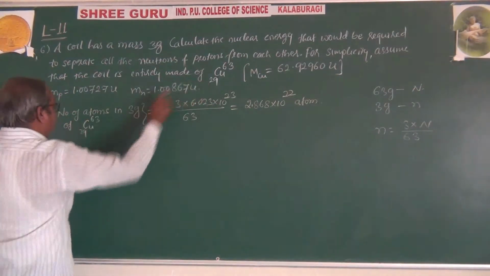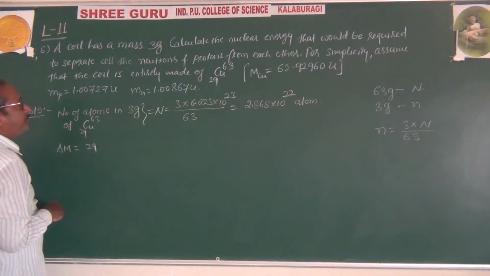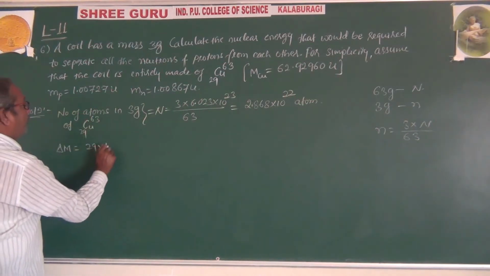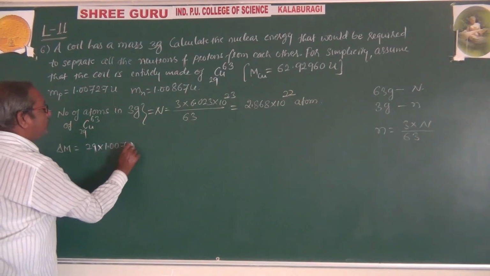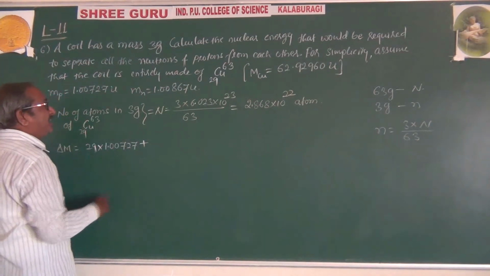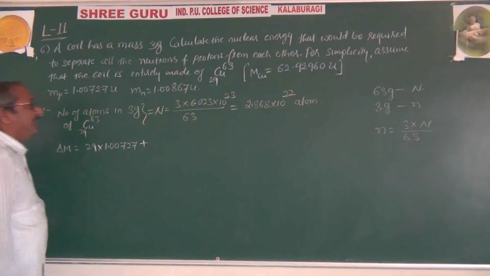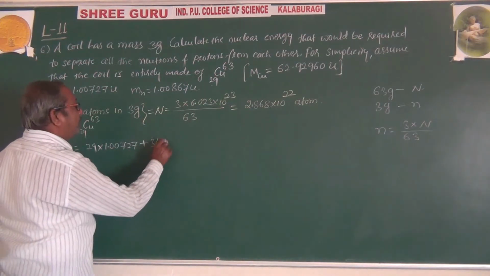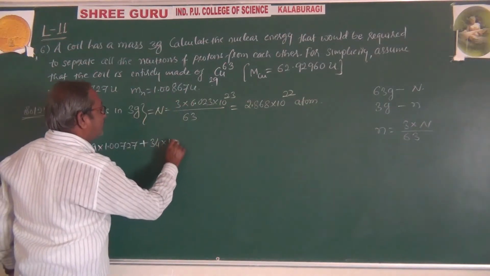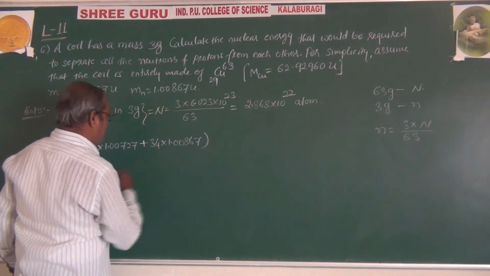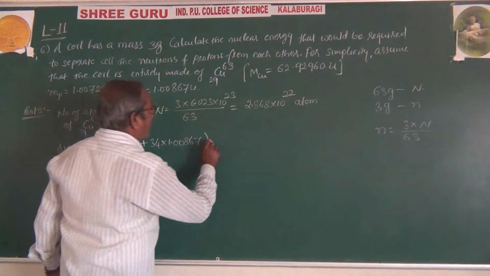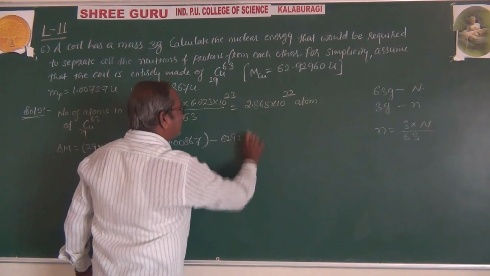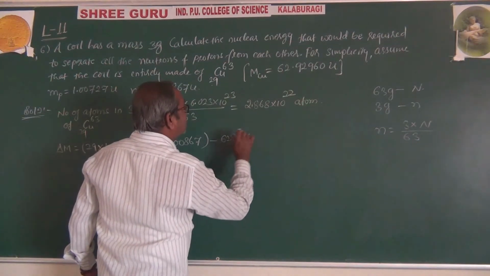Z is 29, into mass of proton 1.00727, plus A minus Z, that is 63 minus 29, which is 34, into mass of neutron 1.00867, minus 62.9296.